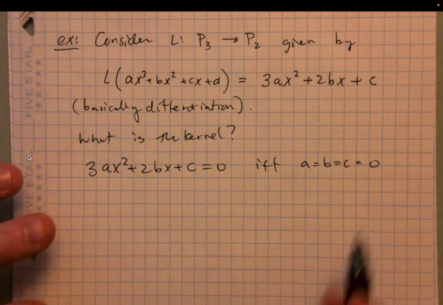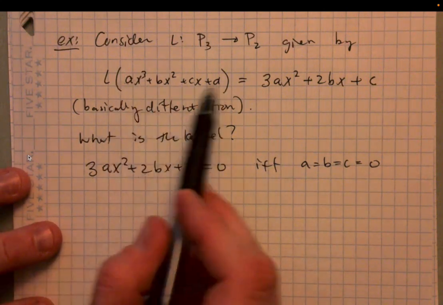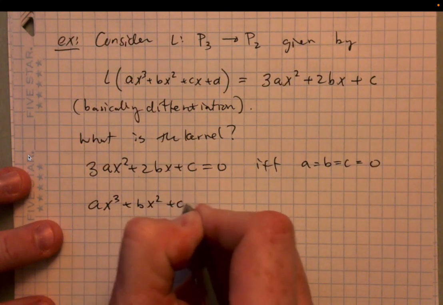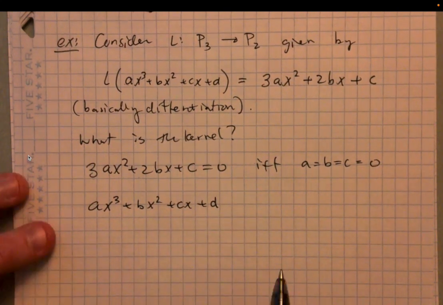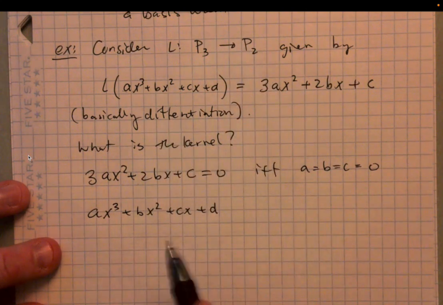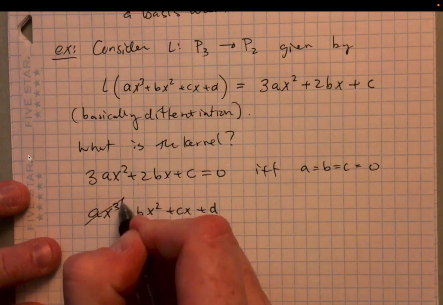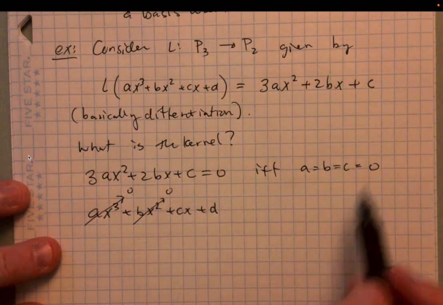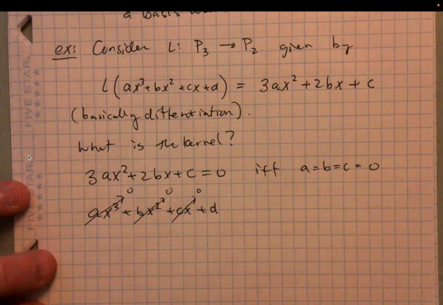And when is that going to be true? If I take polynomials from P3, ax cubed plus bx squared plus cx plus d, a has to be equal to 0, so this term will be 0. B has to be 0, so that term is 0. And c has to be 0, so that term is 0.